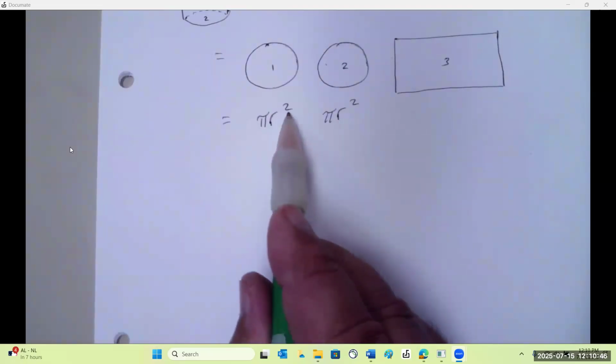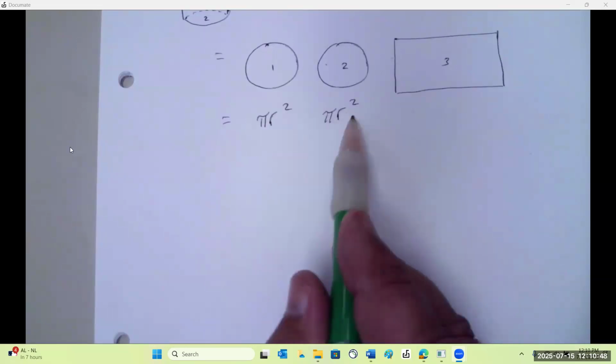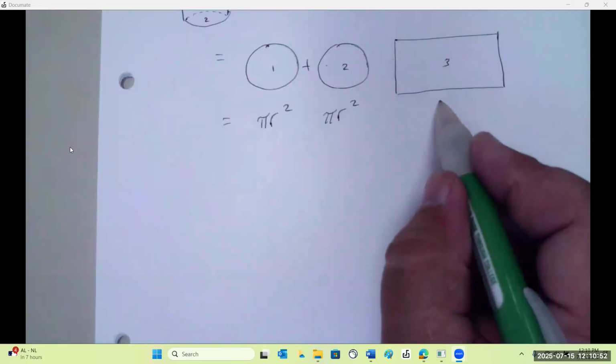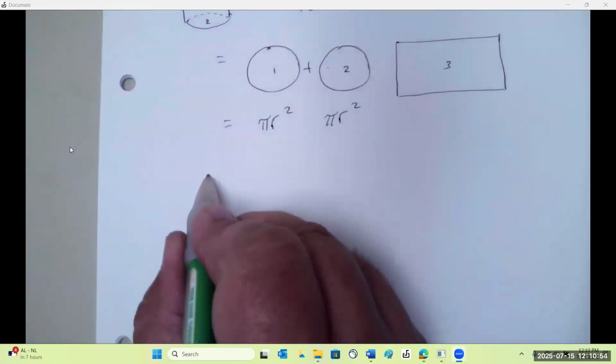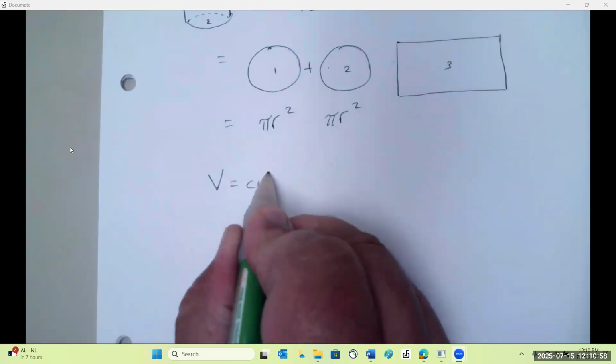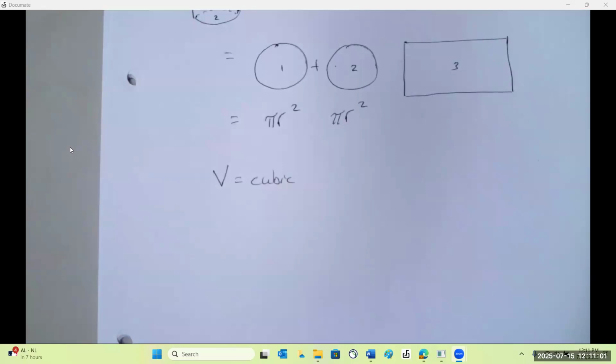The radius is squared, so both of these together would be squared. And then we have this one. So we have to deal with volumes because it's cubic. Area is squared, base times width. Volume is base with height. So we have 3 dimensions.